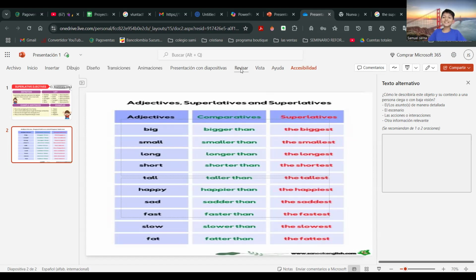The shortest is shorter than Raúl's and the other people's. For this I use the superlative adjectives.